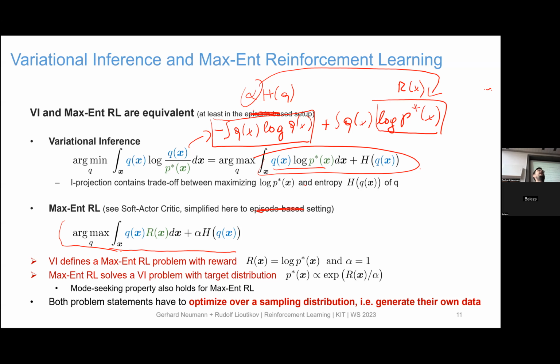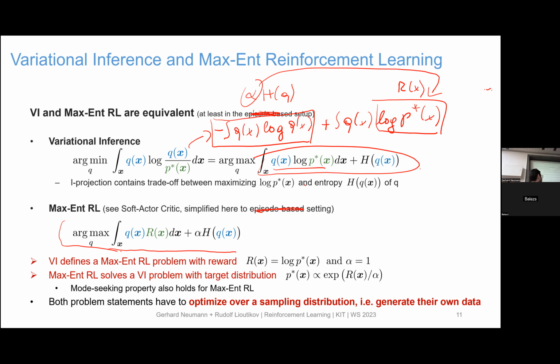When do you use what? That's what we discussed at one of the recaps, where we did this small example with the Gaussian distribution, isn't it?